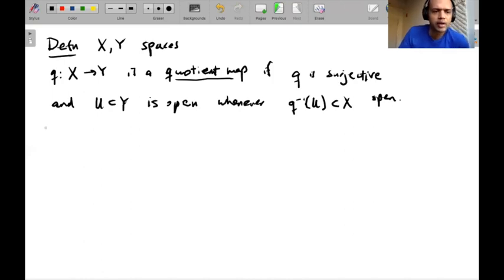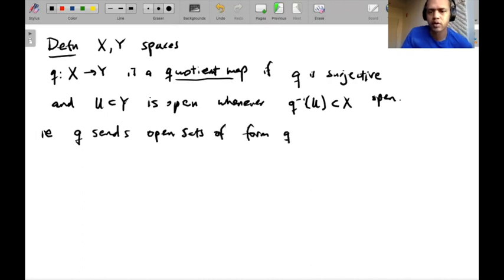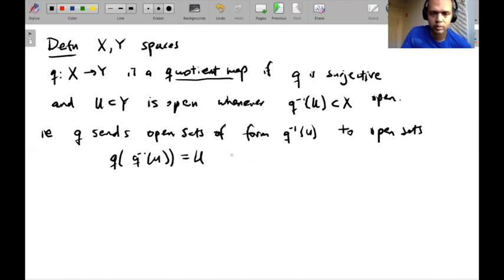So this is different than continuity. Another way to say this is Q sends open sets of the form Q inverse of U to open sets, because Q of Q inverse of U is U when Q is surjective.